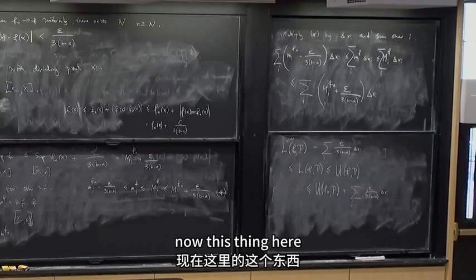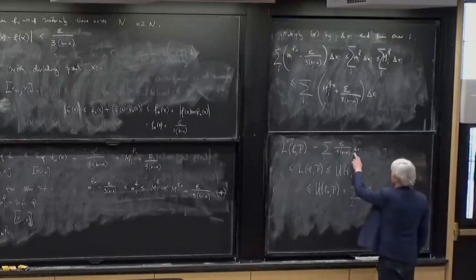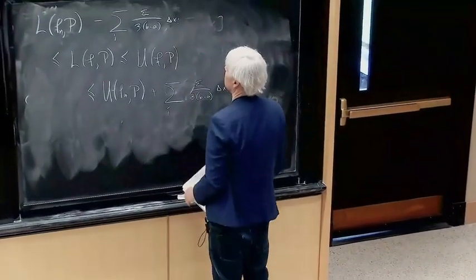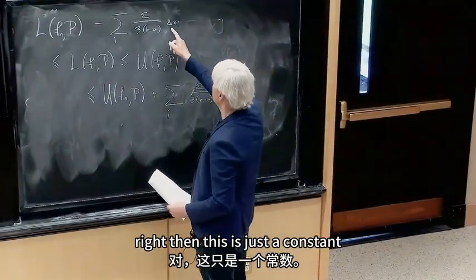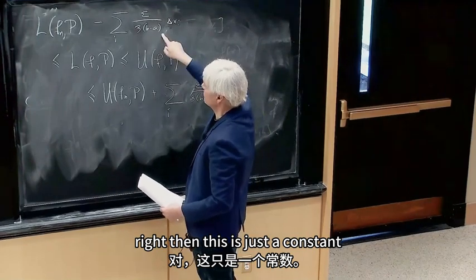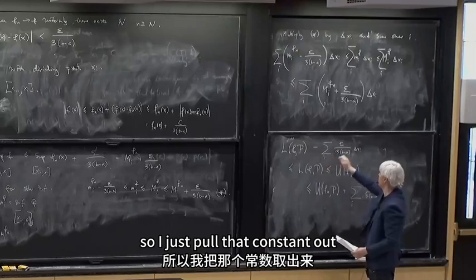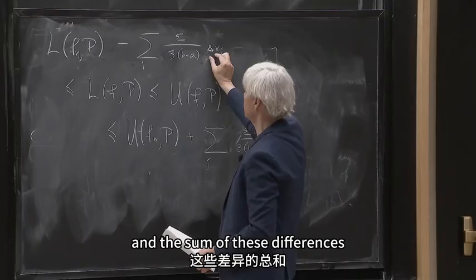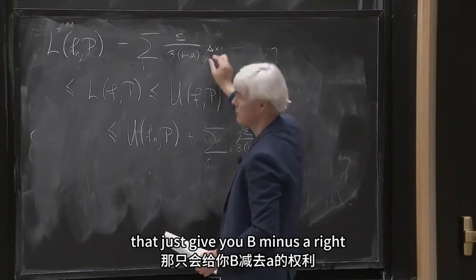Now, this thing here, when I'm summing here, this is just a constant. So I can just pull that constant out. And the sum of these differences just gives you b minus a, right?